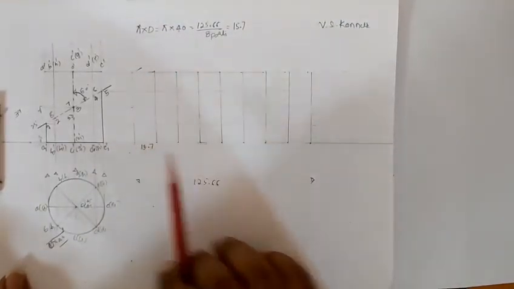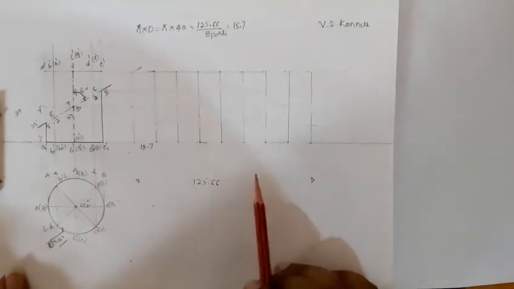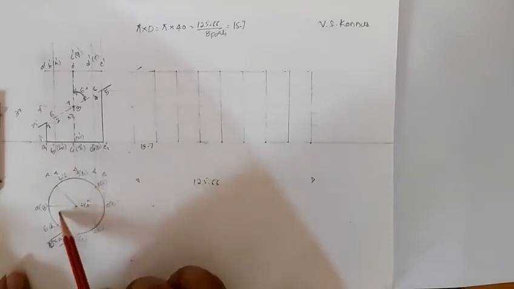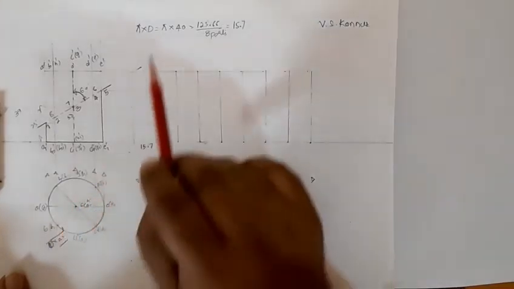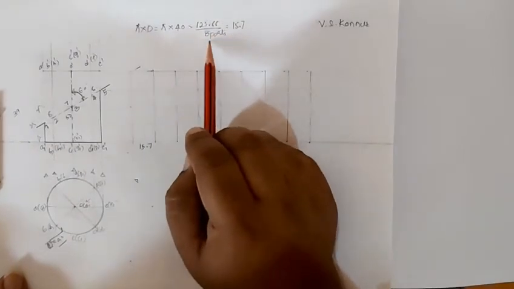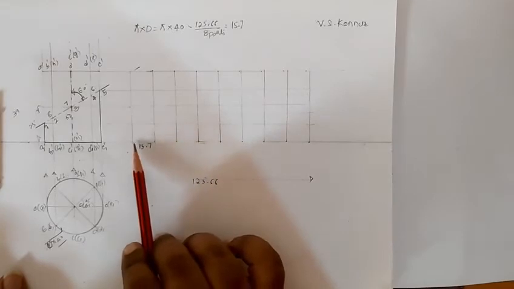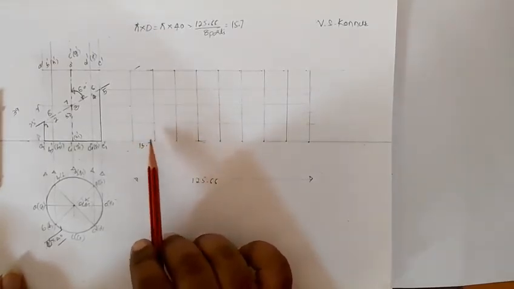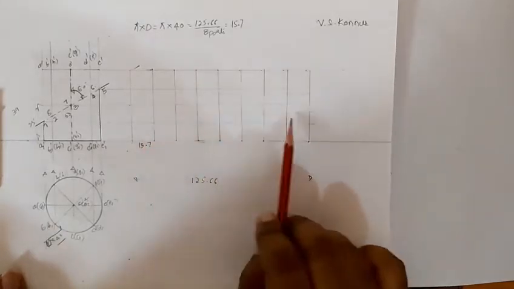Take the distance from here to here, 125.66, around 127 you can take, and then divide by the number of parts. I have made 8 here. If you are making 12, you can divide it by 12. Now I have made it 8 parts. So 125.6 divided by 8 parts is 15.7. Each part is 15.7, in between 15 and 16 you can take this point. Total is 125.6 in this part.